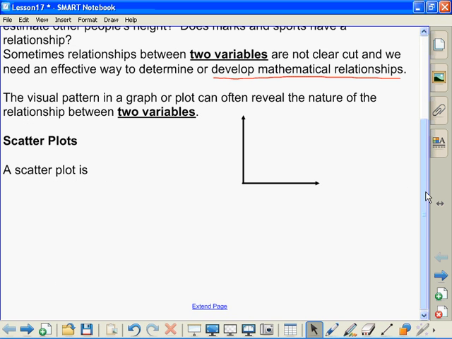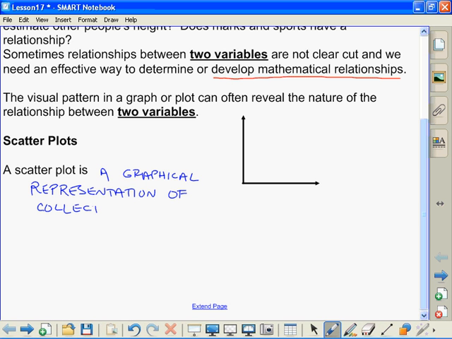So the visual pattern in a graph or plot often helps us determine the nature of the relationship between those two variables. A scatter plot is a graphical representation of collected data when comparing two variables.